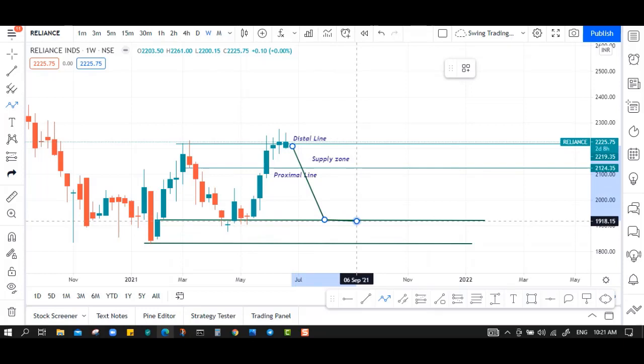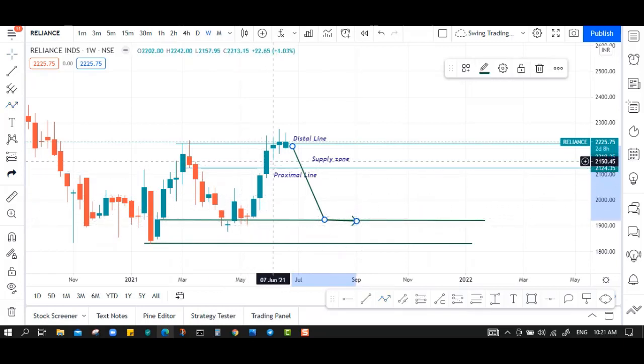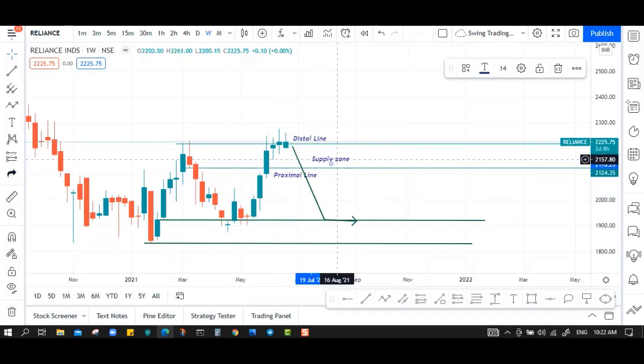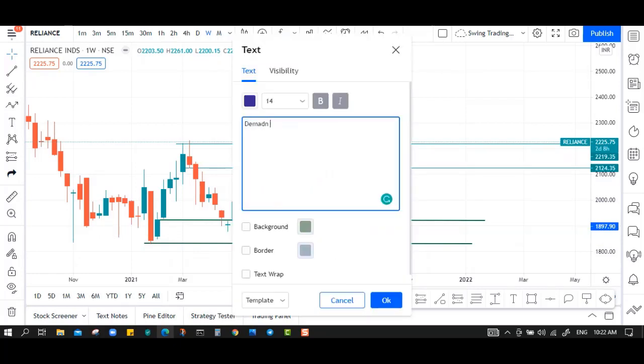I'm not saying by tomorrow or the day after tomorrow. In the short term, it may reach this 1900 level again. Because in this zone you see back-to-back green candles, so this is a strong demand zone.